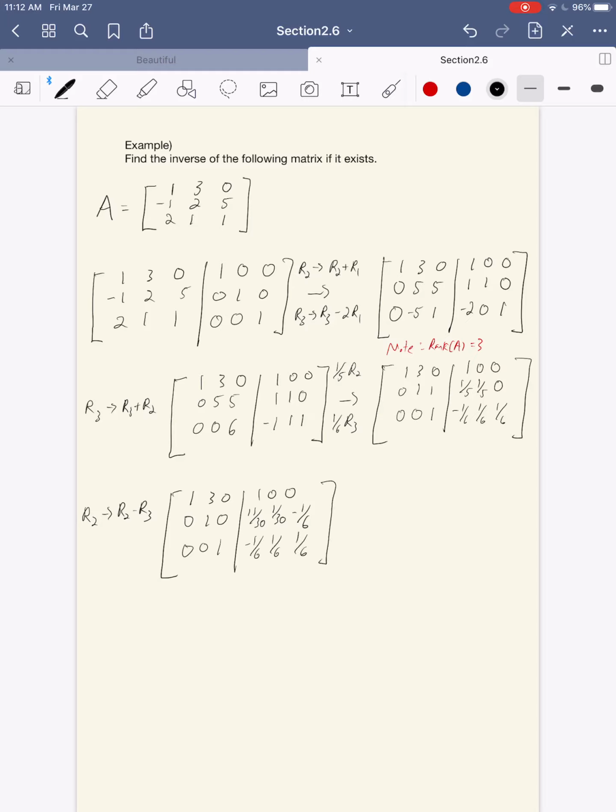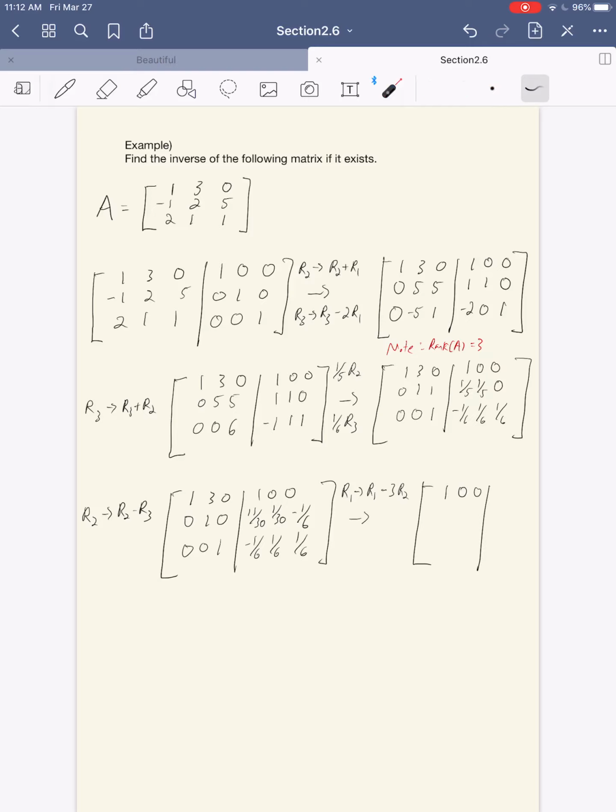Okay. Last thing we need to do is just get rid of this one here. So we should do one more replacement. We'll need to take row 1 and replace it with row 1 minus 3 row 2. So when we do that, we should get 1, 0, 0.